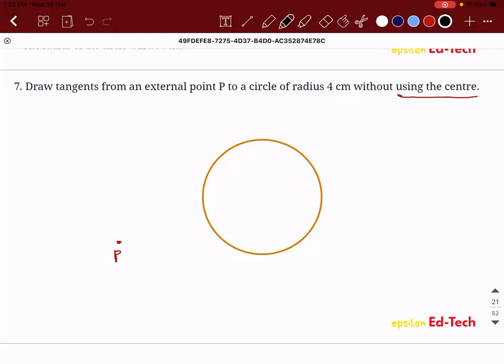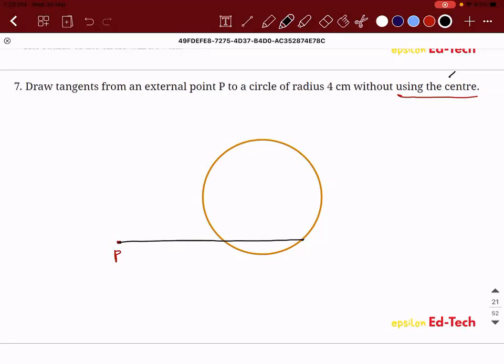Then after connecting them, it will meet at one point, no, sir, so it will become P. Okay. So I'll just explain the steps that are given here. From point P, without using the center means you're drawing using the diameter, right? To my knowledge, without using the center means you should not draw the diameter. Okay, that is right, what you did.